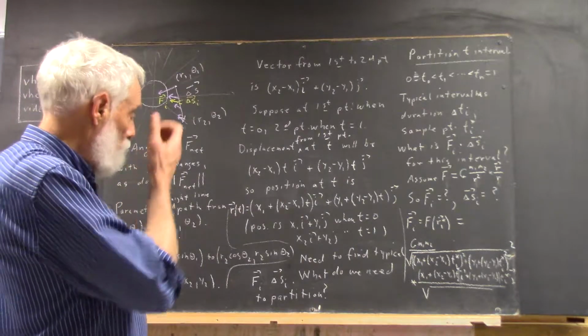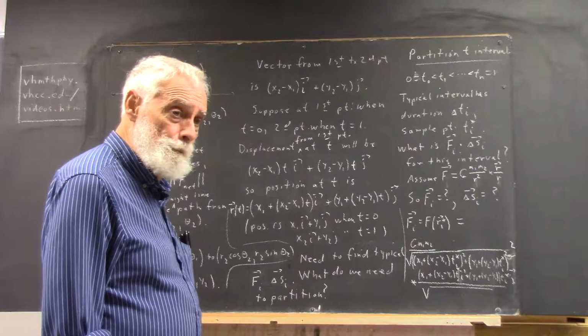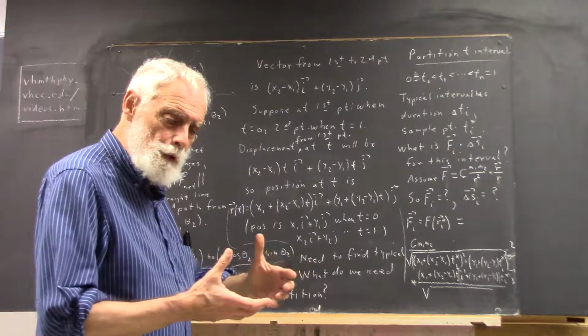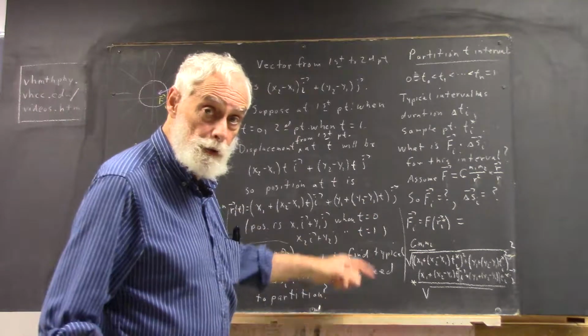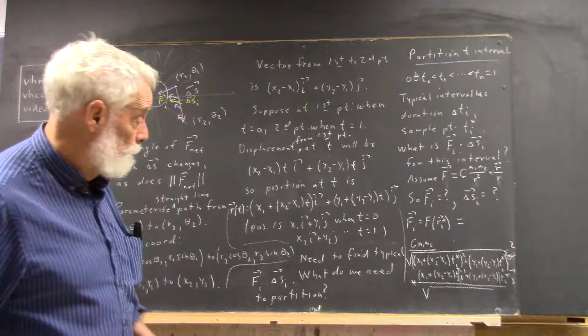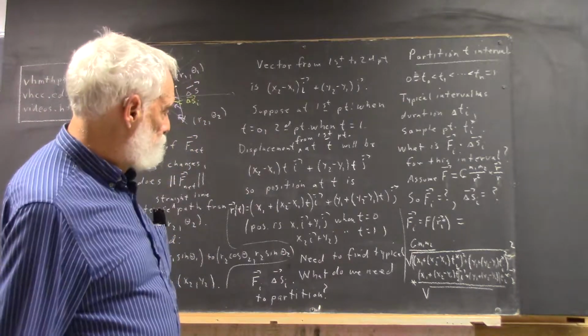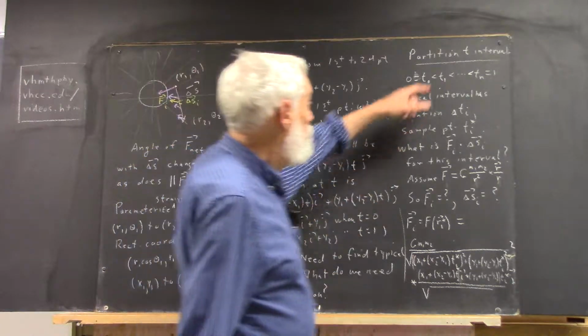Now we need to find our typical f sub i dot delta s sub i. Implicitly we think of partitioning the interval between t equals 0 and t equals 1. We get a typical ith subinterval, the sample point, and so forth. So what do we need to partition? We need to partition the t interval.